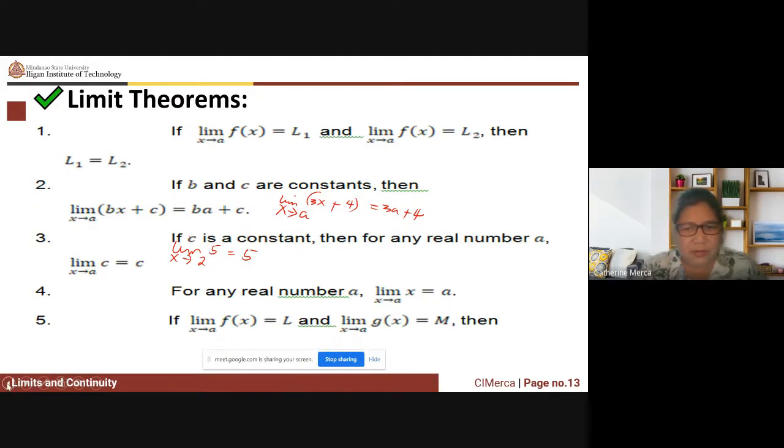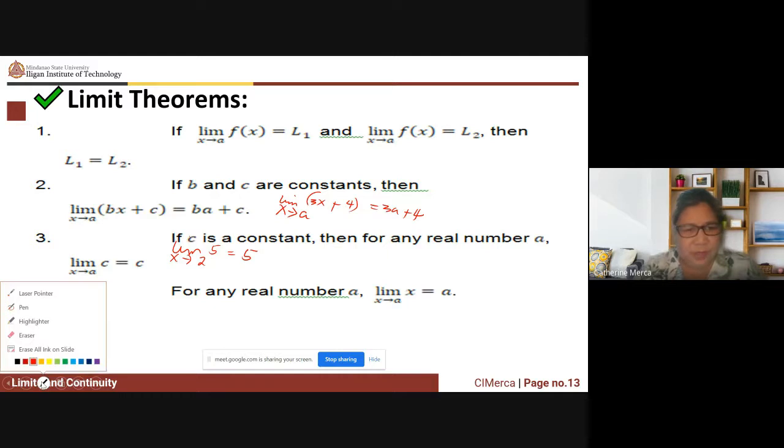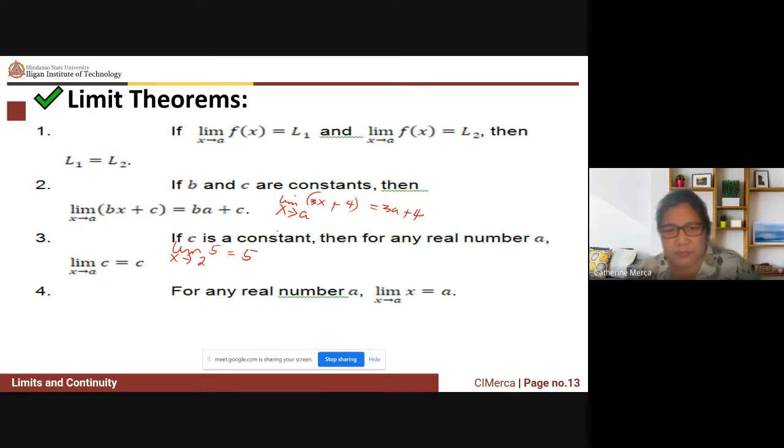Kunyari, meron akong example, limit of, say, x as x approaches 5.